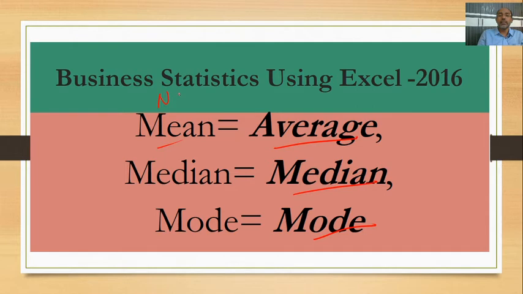Count is n, the number of frequency, total frequency. N is called count.